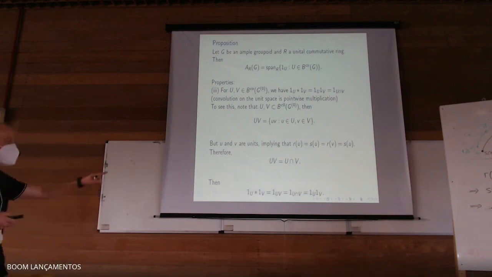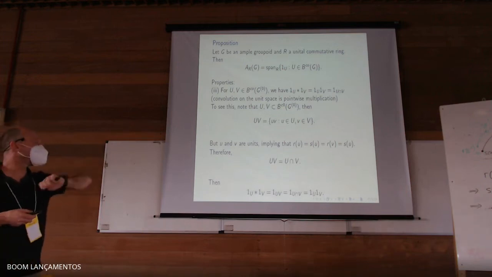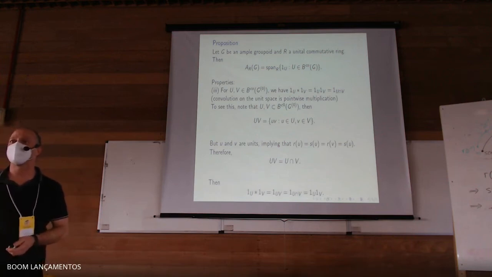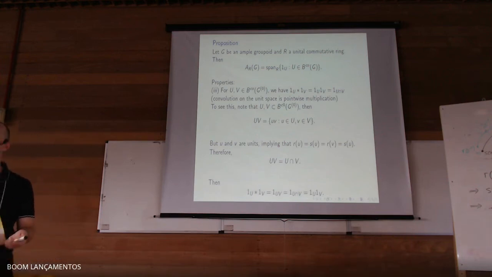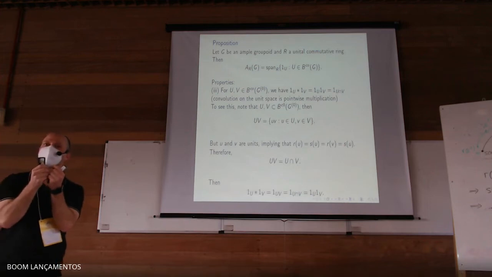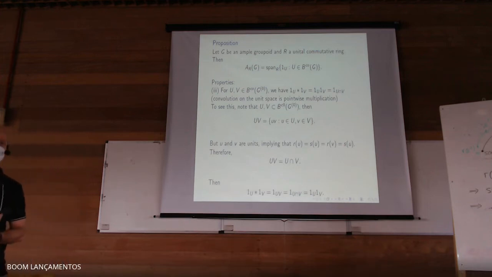Okay. And this example illustrates it for characteristic functions, but you can apply the same kinds of arguments to any function that lives on the unit space. So if the support of a function is contained in the unit space, then convolution products are equal to pointwise products. Okay.